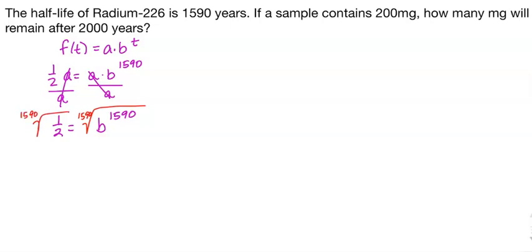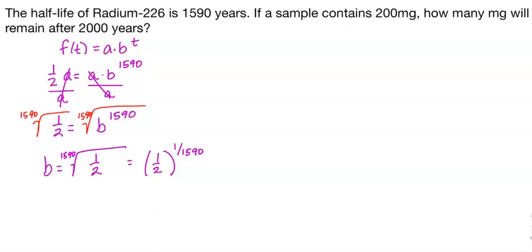The 1,590th root of b to the 1,590 gives us that b is equal to the 1,590th root of 1/2, or another way to write that is 1/2 to the power of 1 over 1,590.